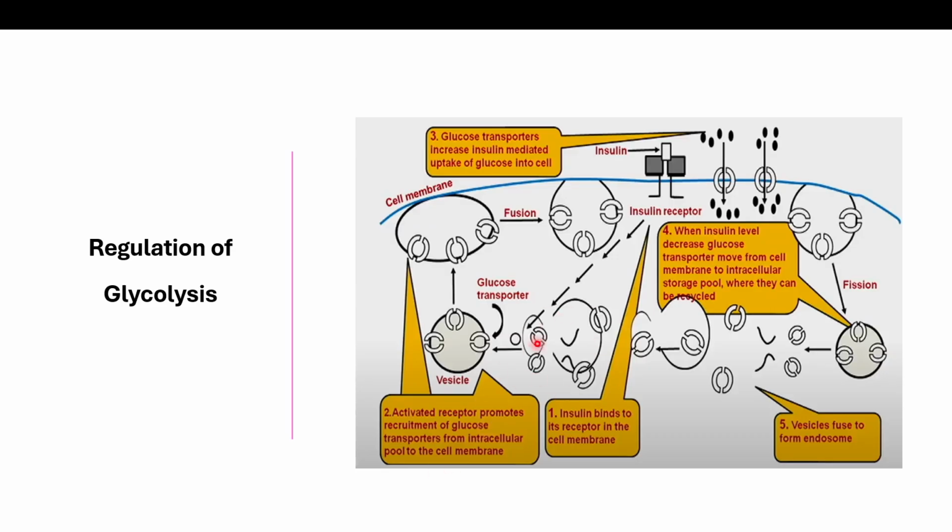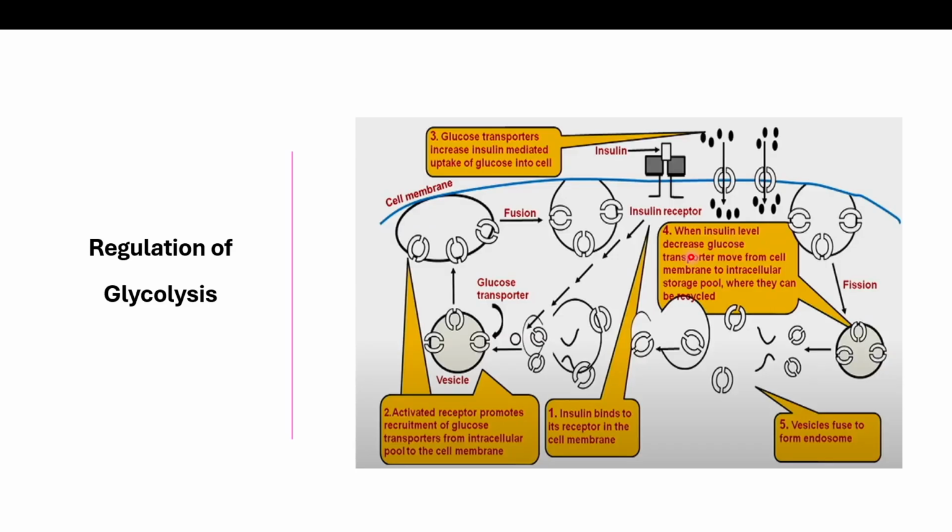These glucose transporter molecules are transported from this intracellular pool to the cell membrane, and the glucose transporters increase insulin-mediated uptake of glucose into the cells. They are incorporated here, and then glucose is taken up inside the cells.